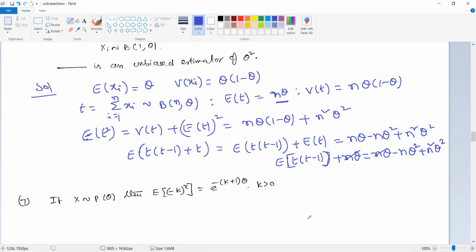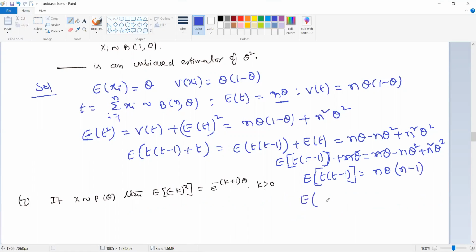So expectation of T into T minus 1 is equal to, here there is a common factor n theta, common for both expressions, and n into n minus 1.